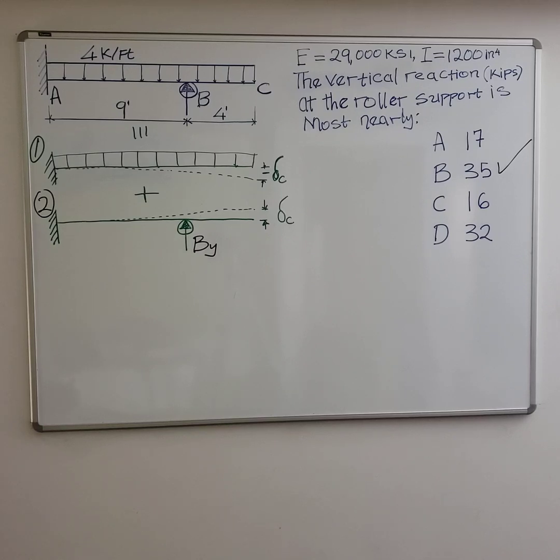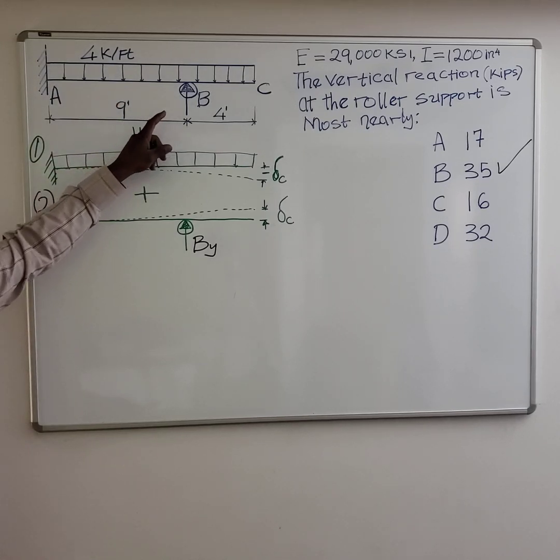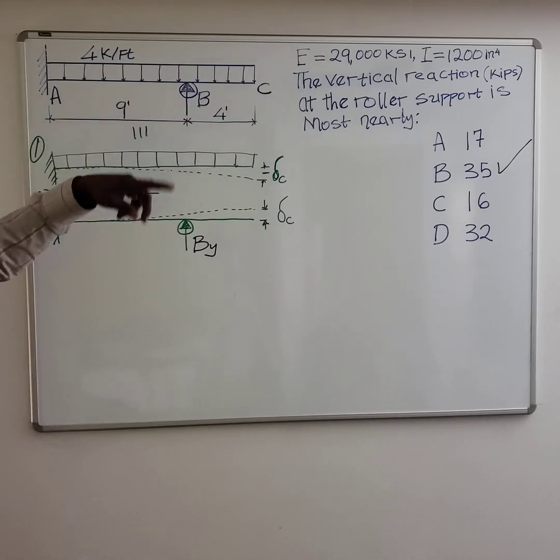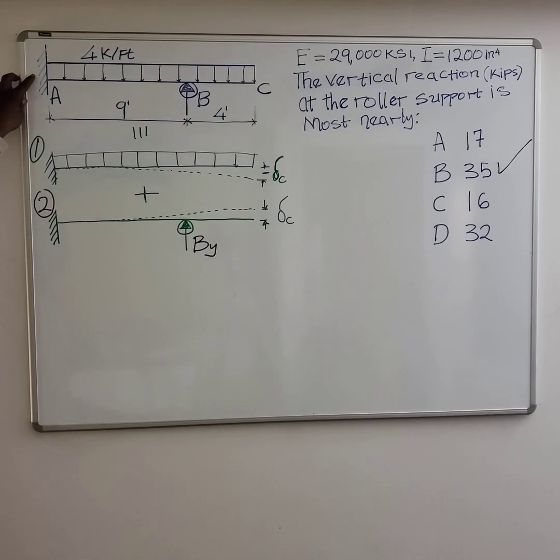So we have 3 equilibrium equations, and you have 4 unknowns: 3 unknowns here, plus this 1 unknown, that makes it 4. But because we do not have a horizontal force on this beam, we can safely eliminate the horizontal reaction here.